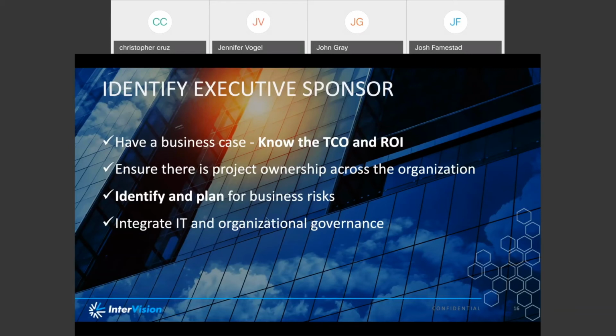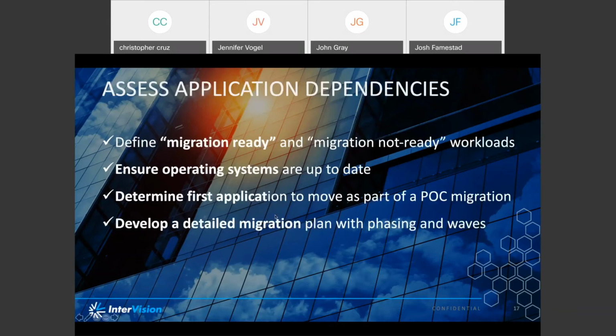And so that's what we talked about: people, the expertise, and how to govern and run the project. Now we get down into the more technical area, which is deeply understanding the applications that are going to move. I tell our teams, we cannot know too much about a client's environment and about their applications.